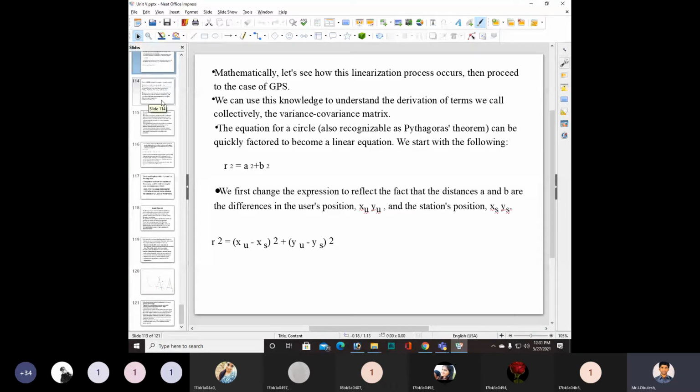The equation for a circle can be quickly factored to become a linear equation.